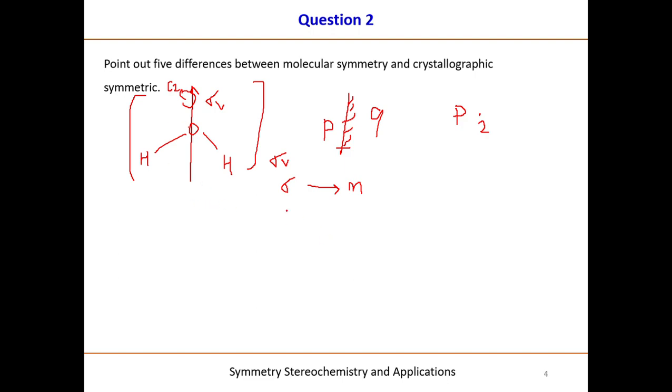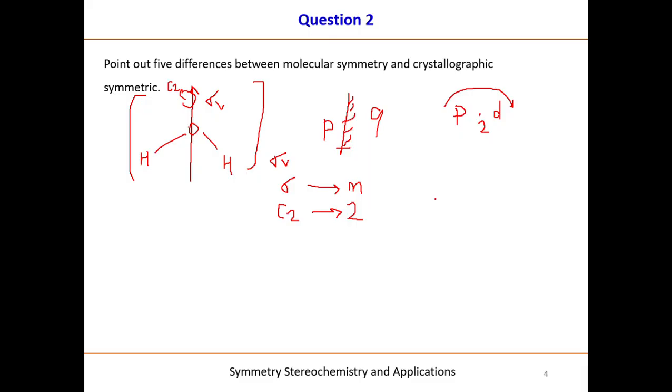Here, instead of C2, we write 2. 2 means two-fold symmetry. If you rotate this molecule like this, you will get this as a product. So this is the two-fold axis. The two-fold axis is denoted by 2 here.